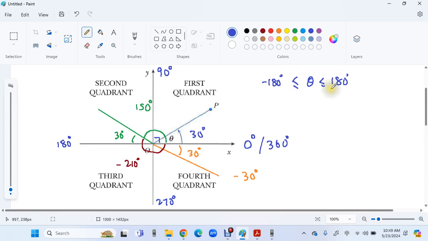So if we have 150 as the answer, then the answer is 150. But in case you have 330 degree, then this is out of this range already. Then you have to write your answer as negative 30 degree. Then the negative 30 degree only falls in the range negative 180 degree to 180 degree.